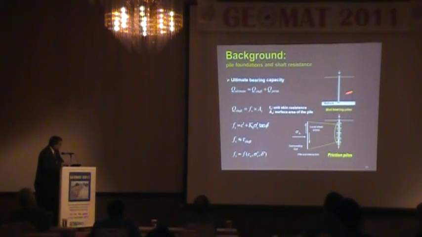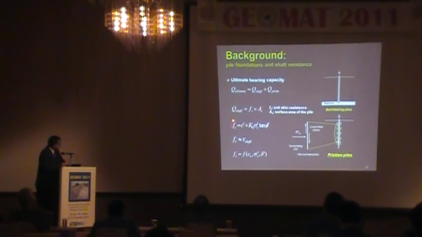And we can see that there can be end bearing capacity and also the friction that will be generated all along the pile. So we have different equations, but the focus here would be the influence of suction on the friction capacity.